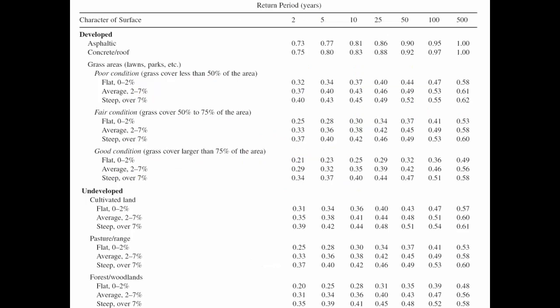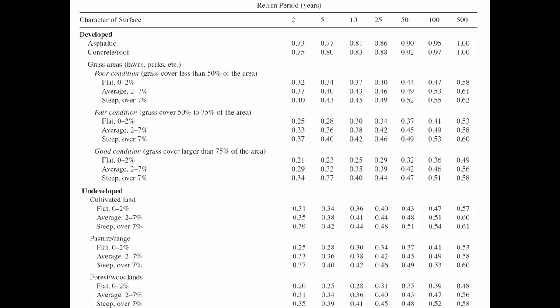5-year. Okay, so we're going to use the 5-year column, and for parking, 5-year, let's say it's asphalt parking. Okay, so the C value that we use there is 0.77. So C equals 0.77, and the area of the parking is 4 hectares.